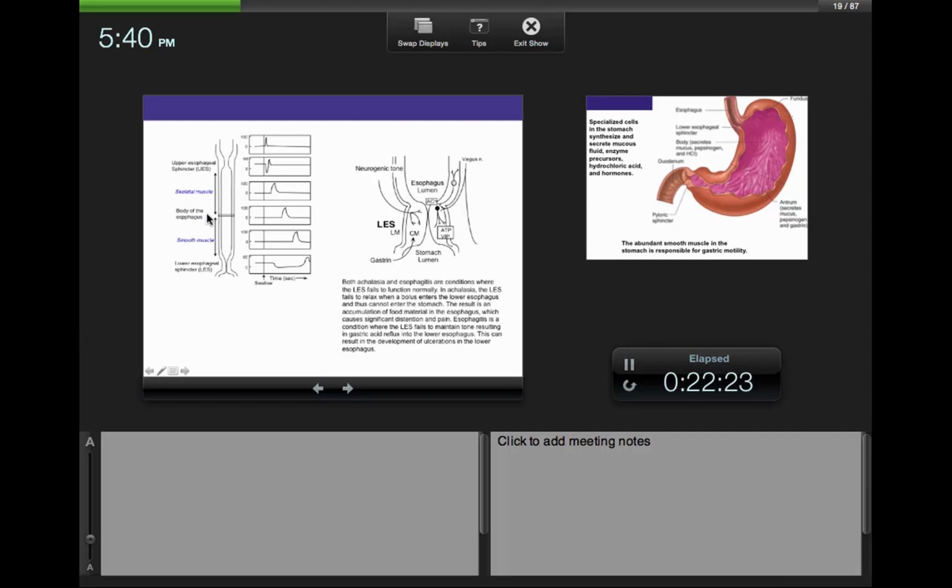Okay, the other thing that's important in this slide is that the upper esophageal sphincter and the lower esophageal sphincter start off not with a pressure of 0, but you can already see there's a basal tone associated with these sphincters, this circular smooth muscle. You guys know what I mean by that? The circular smooth muscle at the top of the esophagus, the upper esophageal sphincter, and the lower esophageal sphincter are already constricted, already tightened up.